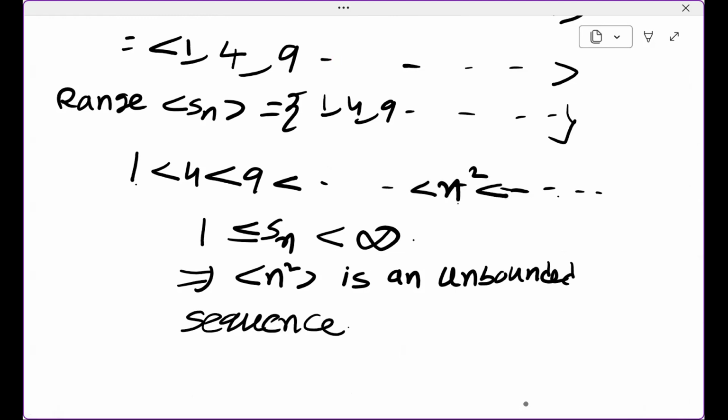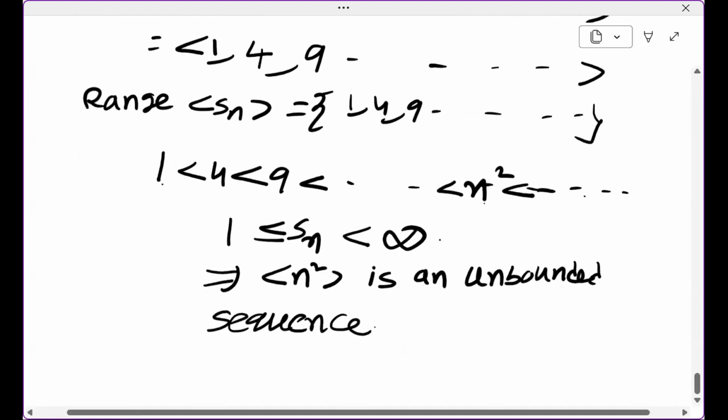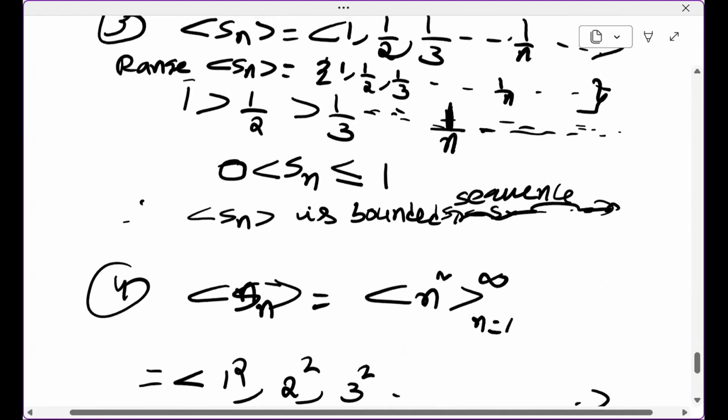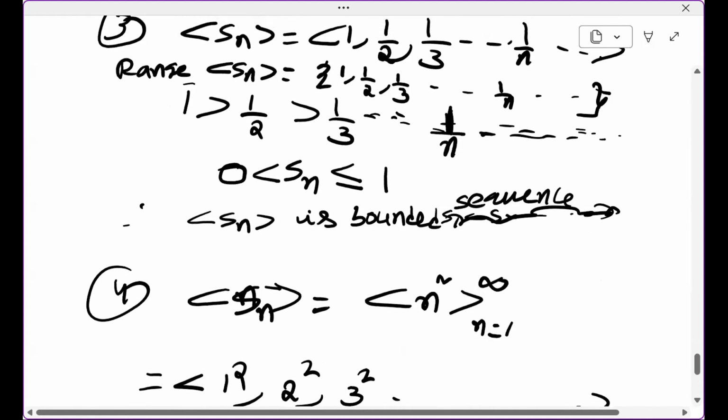So whenever you get a sequence like this, the limit as n tends to infinity will give you the upper bound. If it is finite, that will become the bound. If it is minus infinity, then it is unbounded, not bounded below.